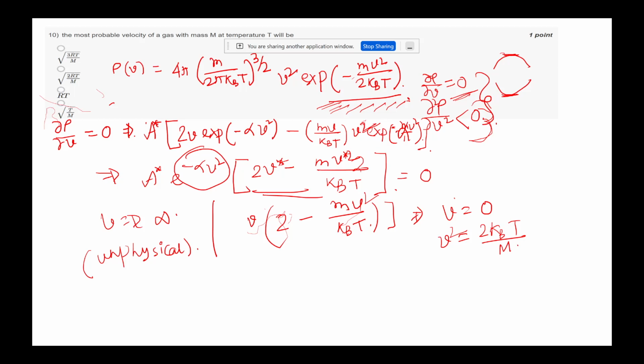Yeah. So now it is pretty straightforward. This is the most probable, 2kBT by m. It is the answer. And the same argument, I'm not writing it again. This will be this one, right?